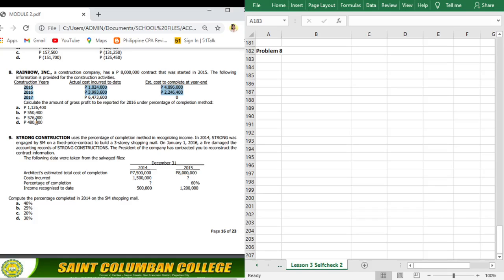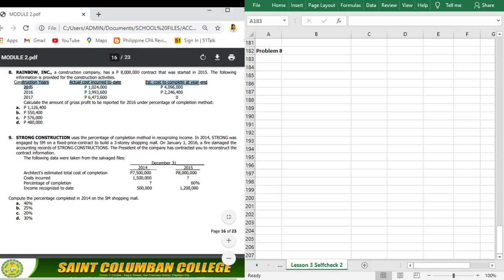Now, what is the treatment pag naay changes? The treatment would be to recognize it prospectively. No? Intermediate Accounting 3, prospective application. Unsa gali na siya? Change in accounting estimate. Now, since that is only a change in accounting estimate, let's say for example, 2015 na-recognize ang gross profit.